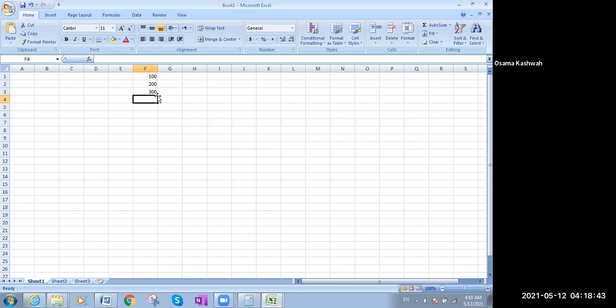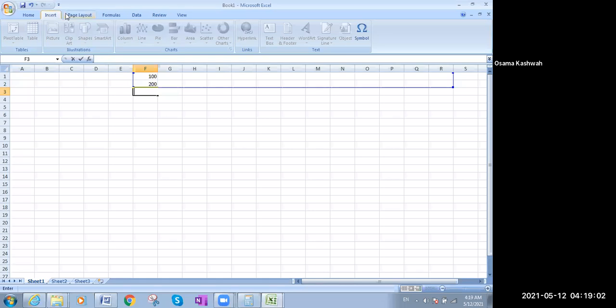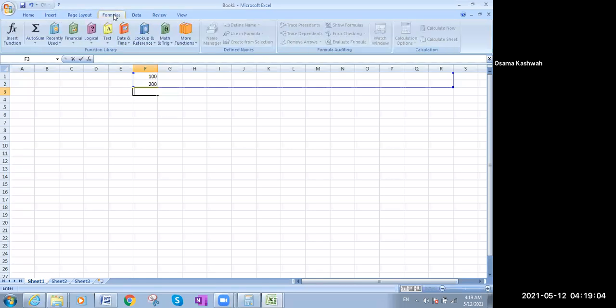Usually we said this is the way to work, or there is another way. Like as example, if I don't want to do it this way, I can go to the functions itself, or I will go to the column of the formulas.